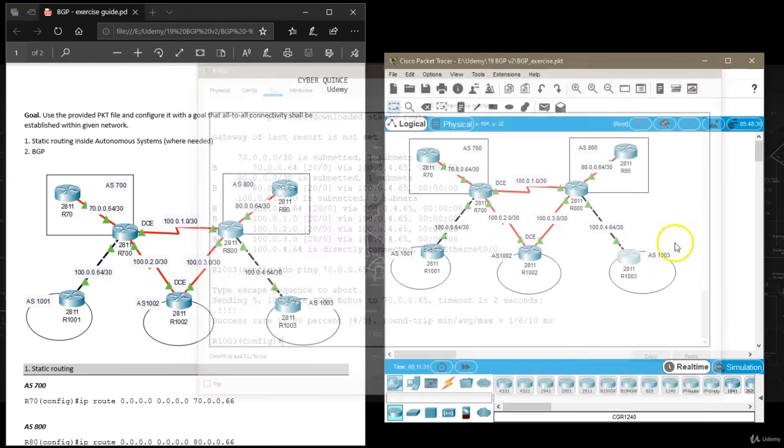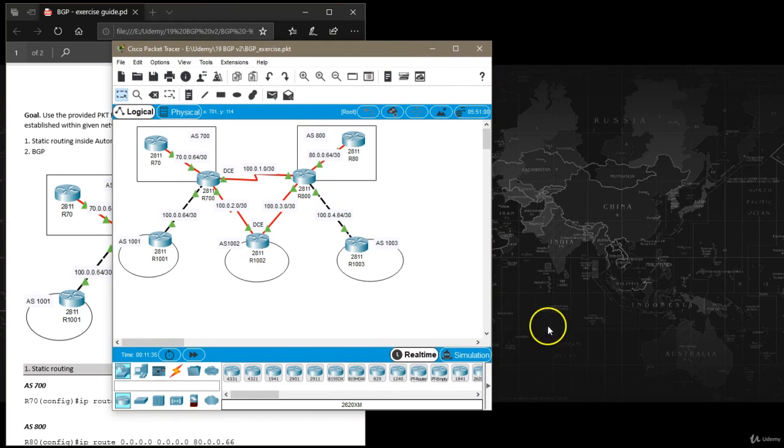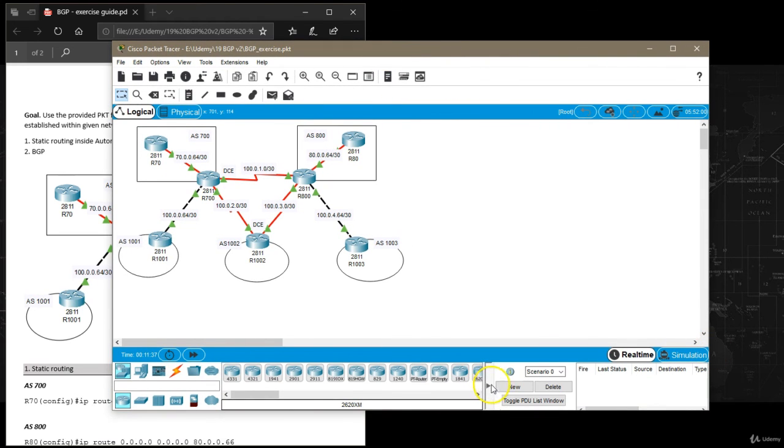Perfect. So that's working. Let's try from router 80 to router 1001. That should also work. Yep, it's successful.